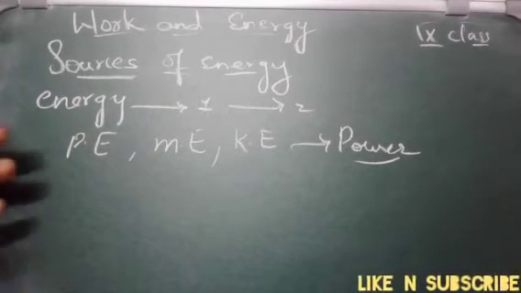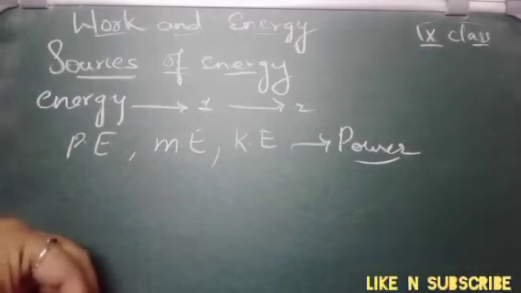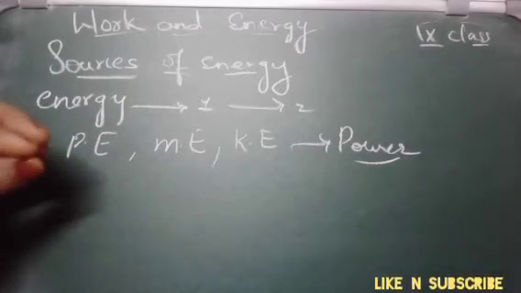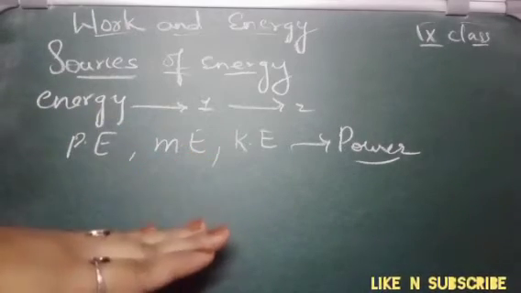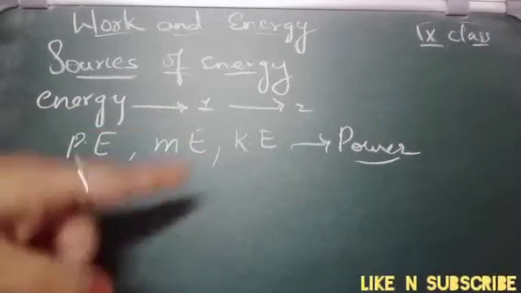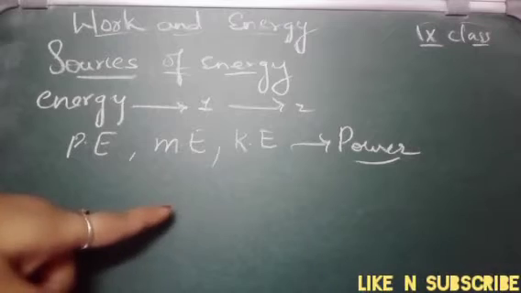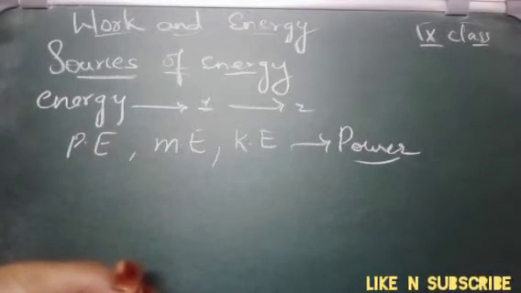For example, we have observed the fall of a coconut from the plant, and the potential energy of the coconut gets converted into kinetic energy until it stops, right? So in this case, the source of the energy conversion is nothing but the gravitation force.